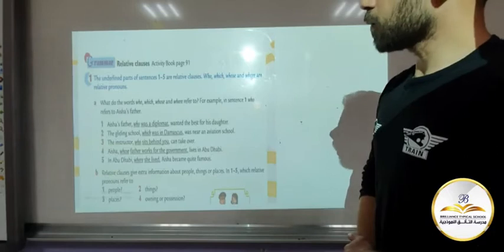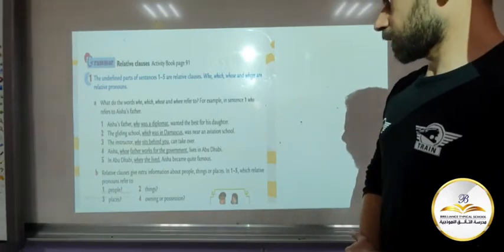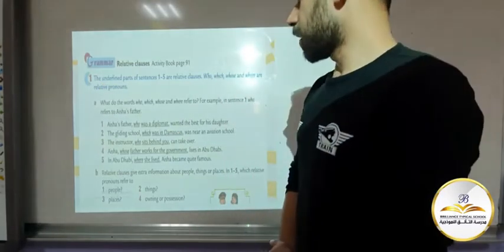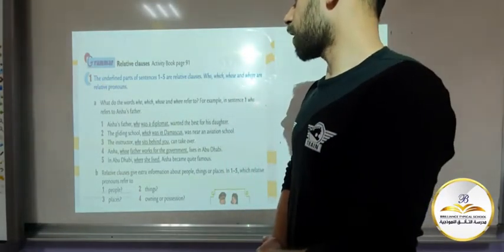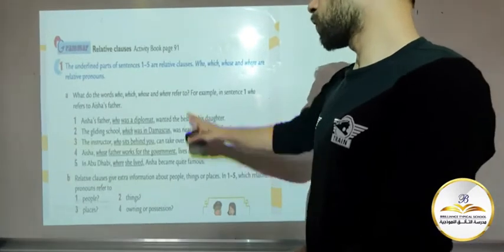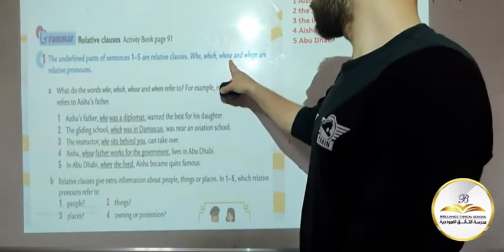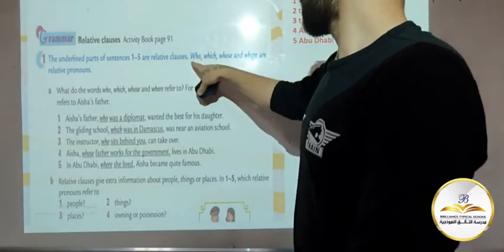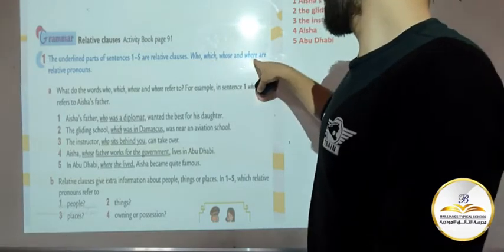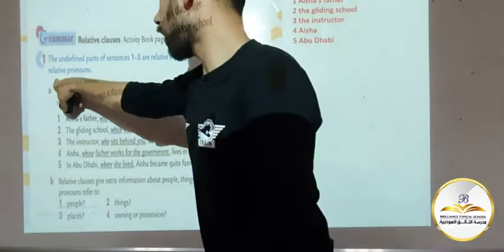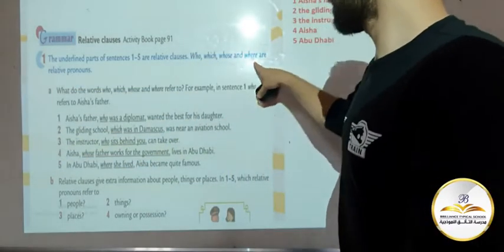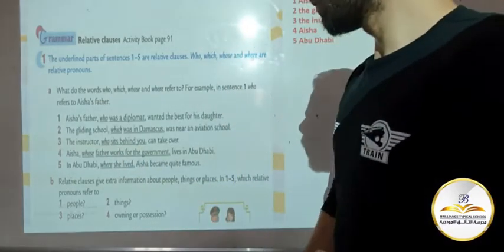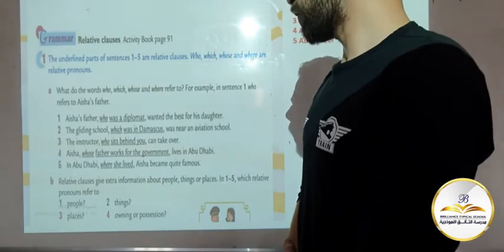Okay, now we have some activities. Let's take a look. The underlined parts of sentences 1 to 5 are relative clauses. Who, which, whose, where are relative pronouns. So we call these relative pronouns. What do the words who, which, whose, and where refer to?